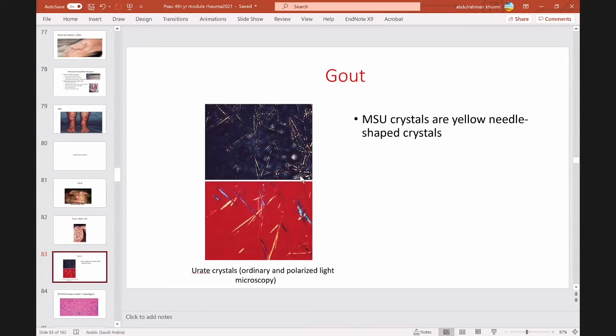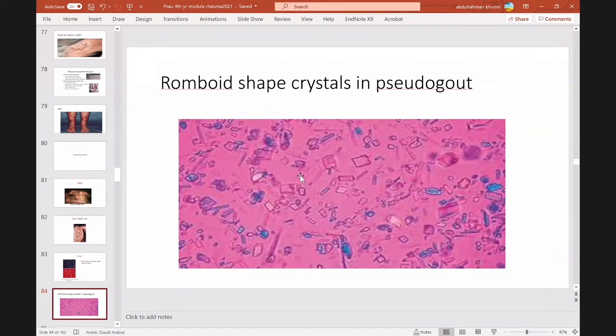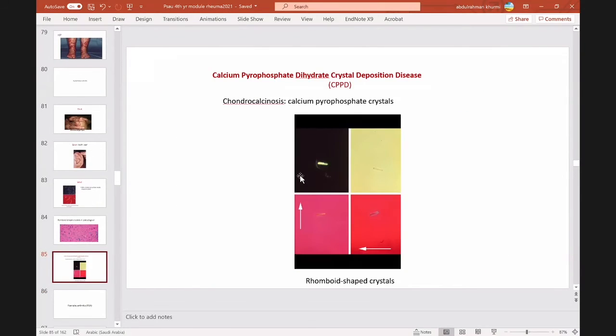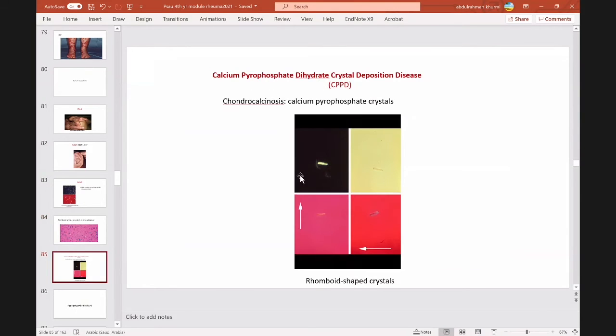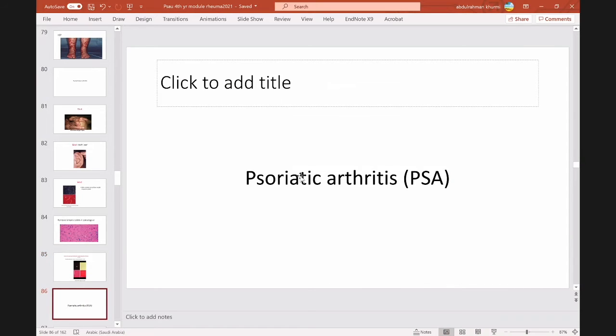This is what is seen in gout. While in pseudogout, you can see rhomboid-shaped crystals, positively birefringent, calcium pyrophosphate deposition. Okay? So in gout, uric acid is negatively birefringent, while in pseudogout, the calcium pyrophosphate crystals are positive.